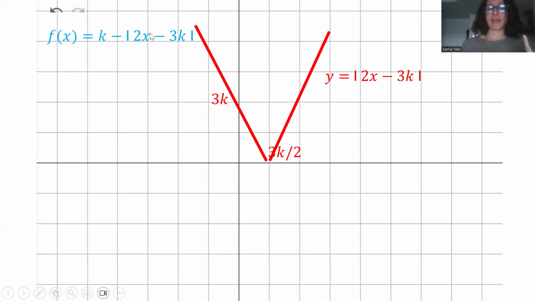Then the question would be back to you, how could we actually use this one to move to f? So obviously we're going from the modulus to minus modulus, which means that we have a first transformation mapping y onto minus y, if we just disregard the k value here, yes?